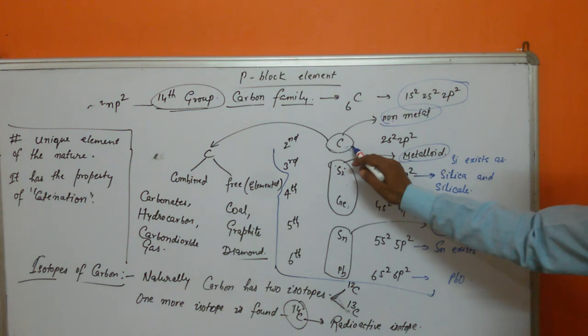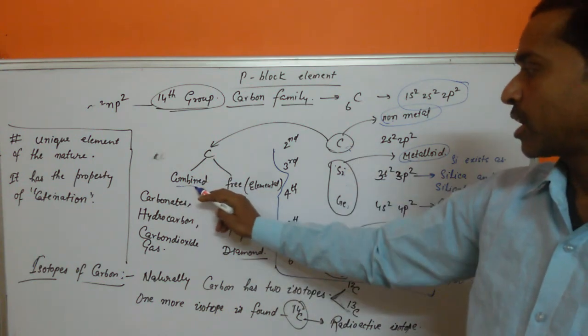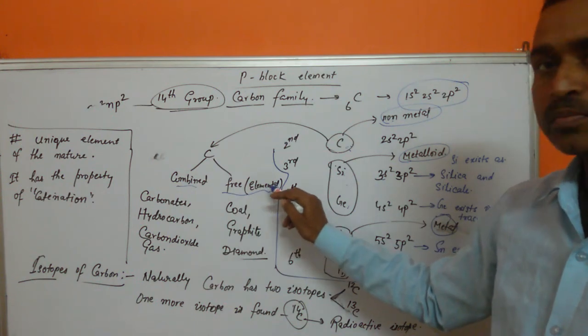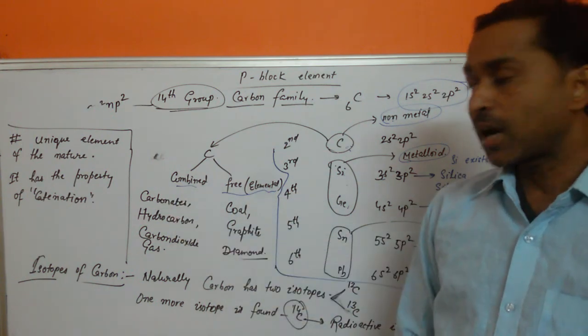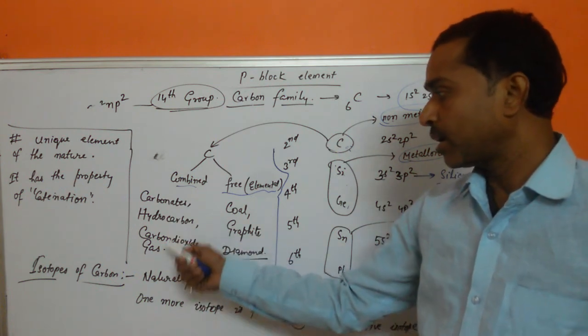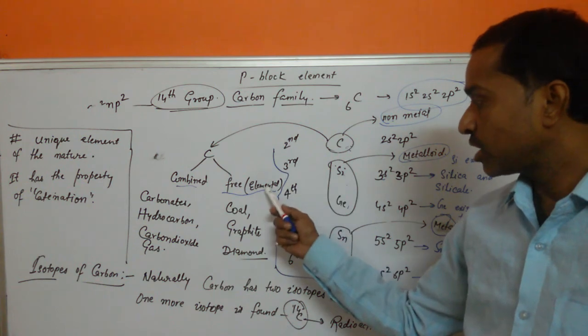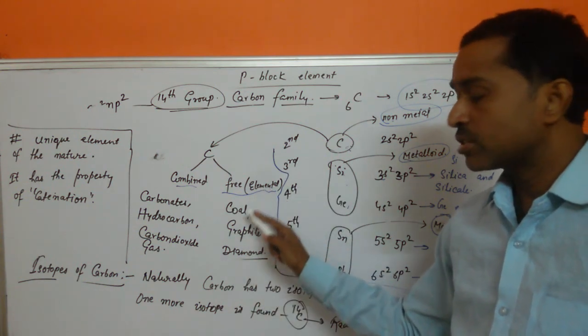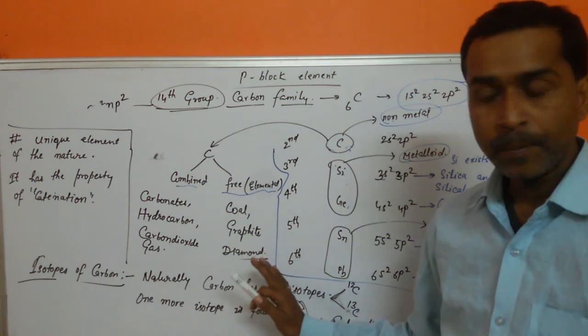Carbon exists in two states, the combined state and the free state. In the combined state it exists as carbonates, hydrocarbons and carbon dioxide, whereas in the free state, the elemental state, it exists as coal, graphite and diamond. Clear?